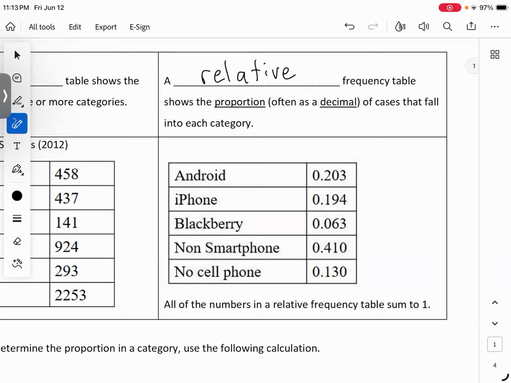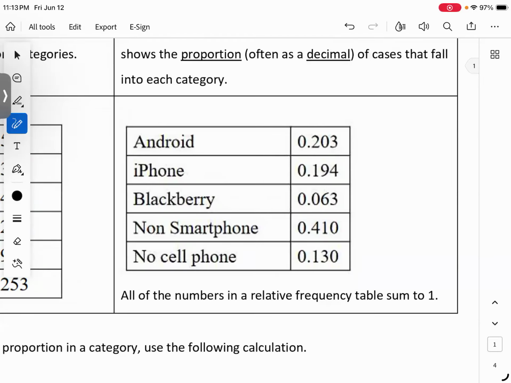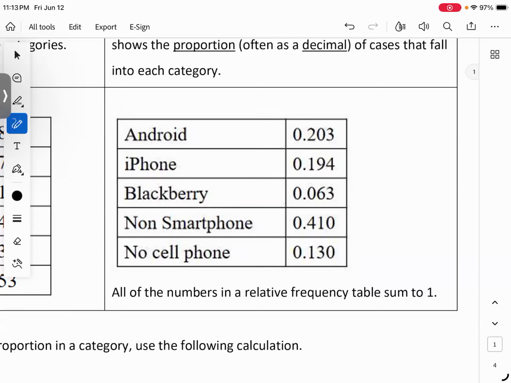The idea behind that is that it breaks it down into, think of it like 100% of the data, but it breaks it into slices, almost like a pie chart, where you can now see Android had about 20.3%, iPhone had about 19.4%. Now, these are just purely the decimal versions of them all, but it also is another way of looking at which group had the highest proportion or the largest slice of the pie.